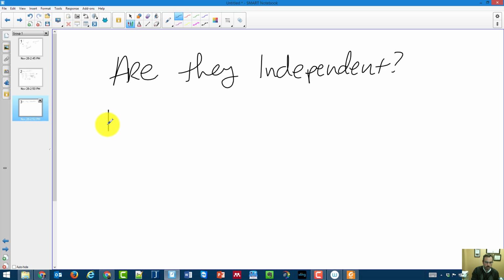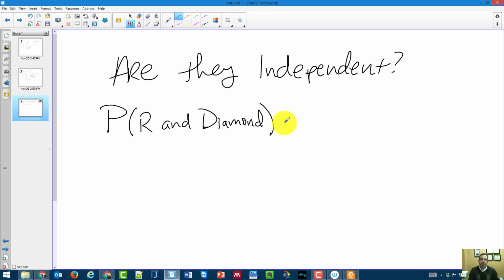What if I do the probability of drawing a red card and a diamond? I want to see if that's the probability of drawing a red card times the probability of drawing a diamond. So if we take a look at this, how many red diamonds are there in the deck?